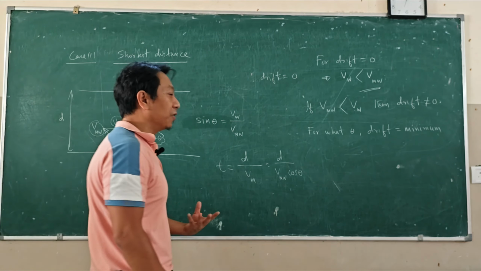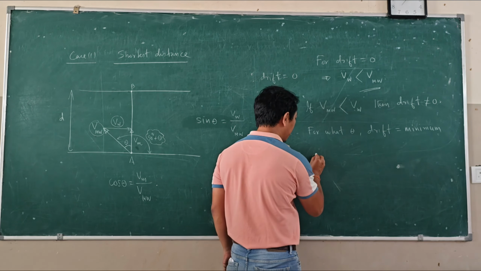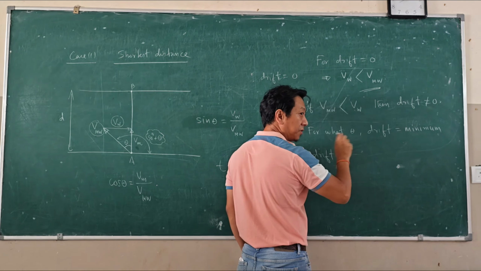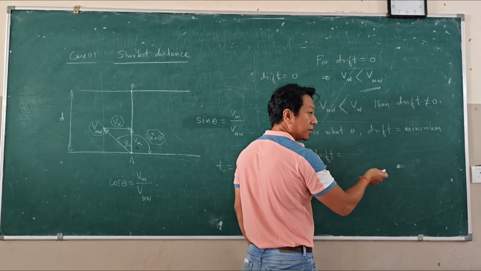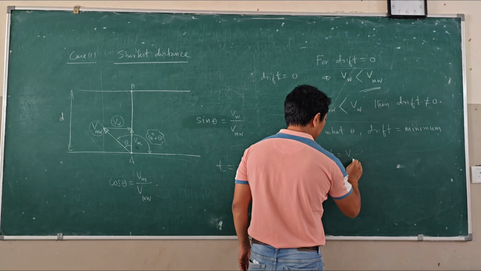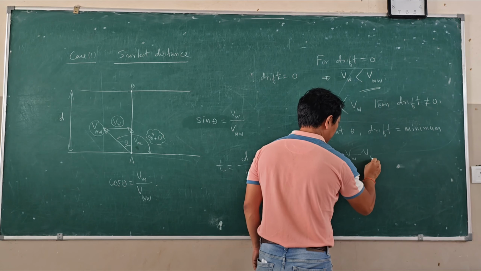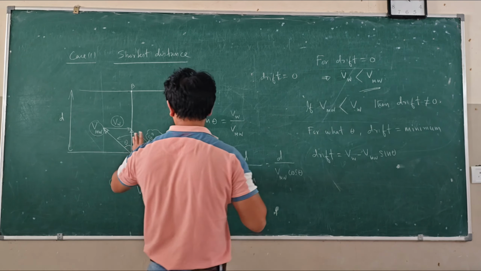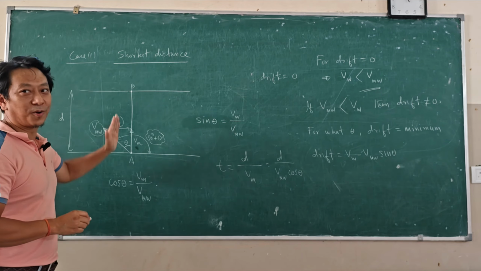So for that, what will we do? We will write the drift formula. What was the drift formula? Sx equals Vx times t. What is Vx? Vw minus Vmw sin theta. Not this case, don't see this case, here I reach the opposite point.